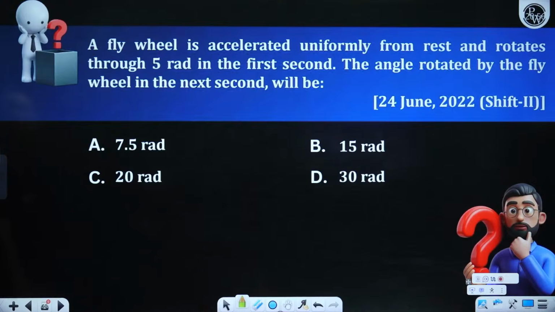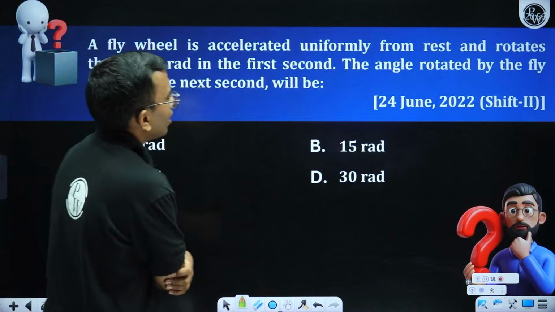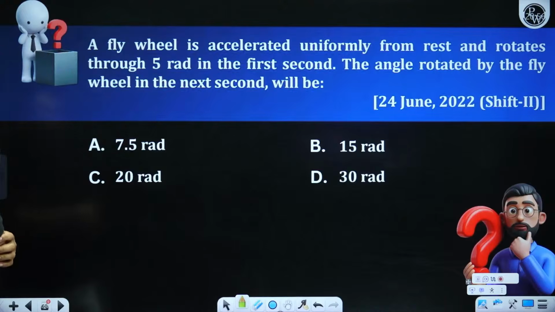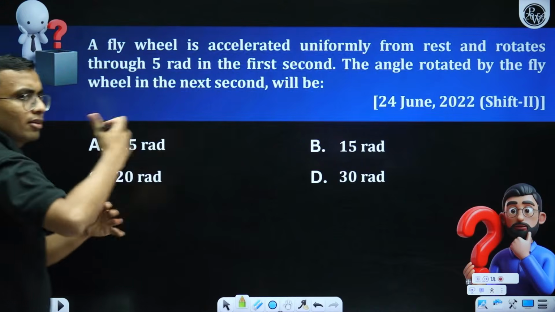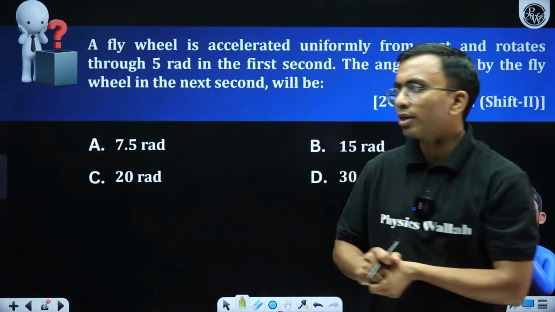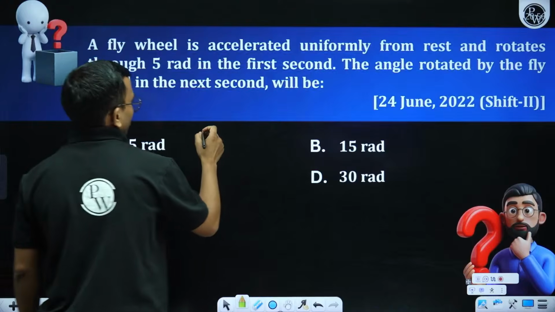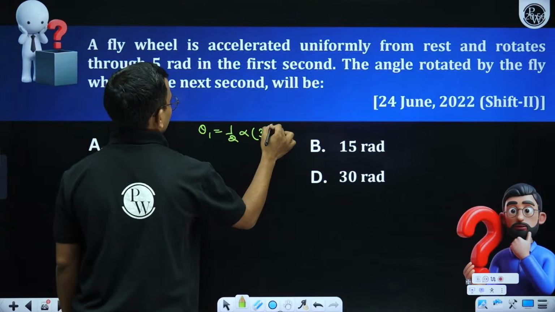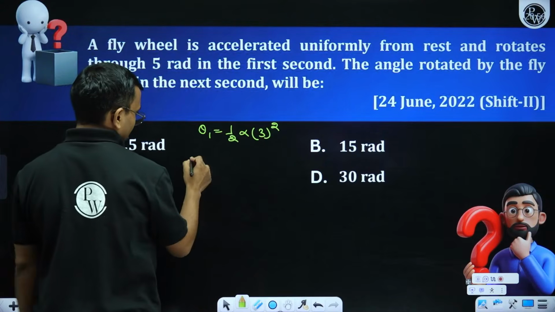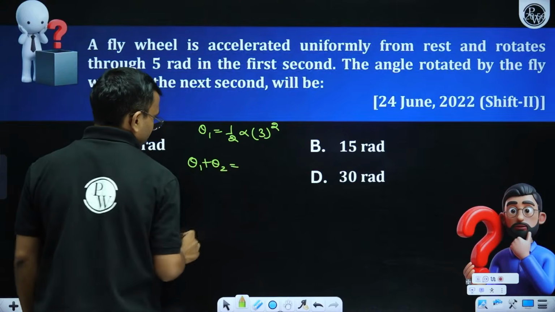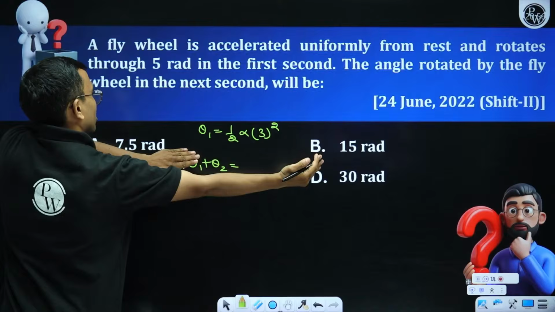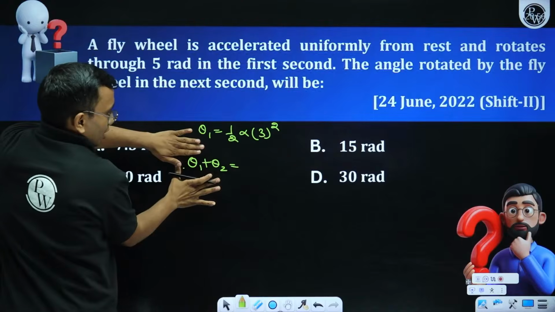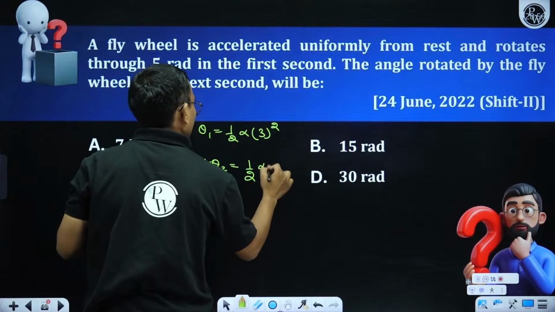Next question. A flywheel is accelerated uniformly from rest and rotates through 5 radian in the first 3 seconds. Find the angle rotated by the flywheel in the next 3 seconds. In the next 3 seconds, it will be 15. How? You can take angular acceleration alpha as constant. In the first 3 seconds, the total angular displacement theta 1 is half alpha into 3 square. Total angular displacement from 0 to 6 seconds, the first 3 plus the next 3, will be half alpha into 6 square.